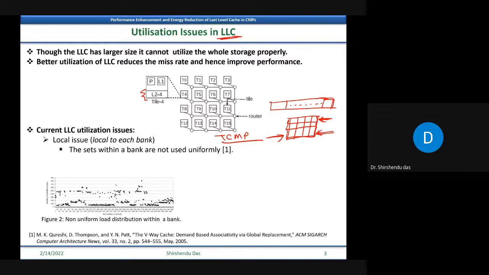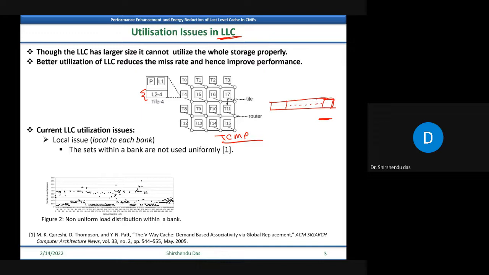Why? Because according to the mapping, some fixed blocks will always go to this set, and when you are executing an application, based on that mapping only a small number of blocks come here. So you are not able to utilize the cache completely. That is called the utilization issue. That utilization issue will not be the case if you have only a single fully associative cache.